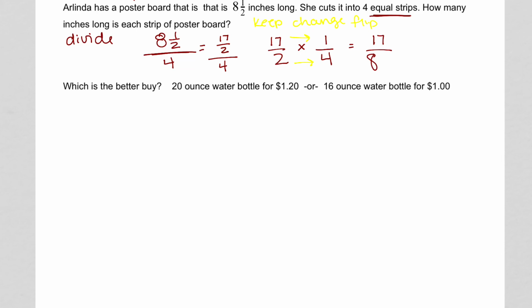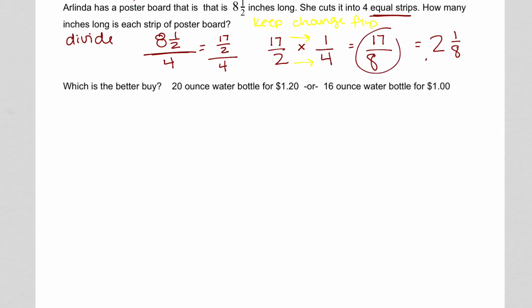So I know that each strip is 17/8 of an inch. And I could go ahead and figure out that 17 divided by 8 is 2 1/8. 2 1/8 inch.